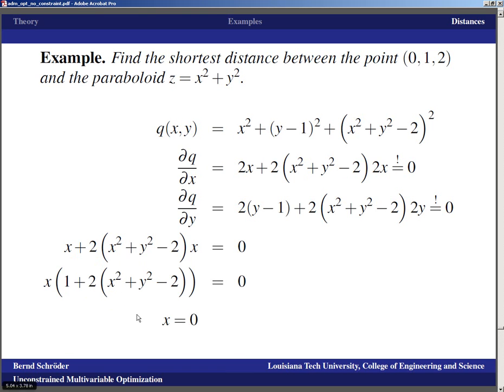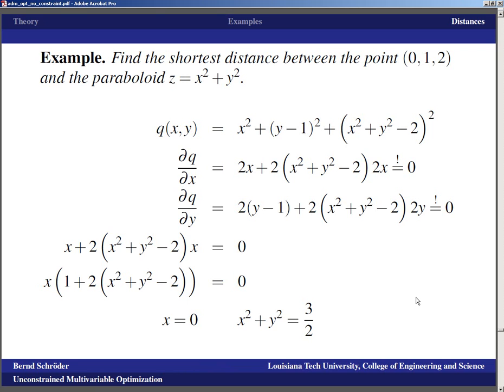And that gives me, on one hand, that x would have to be equal to 0, or that this parenthesis has to be equal to 0, and this parenthesis is basically 2x squared plus 2y squared minus 4 plus 1, so minus 3. So that would mean that 2x squared plus 2y squared would be equal to 3, and that means that x squared plus y squared equals 3 halves.